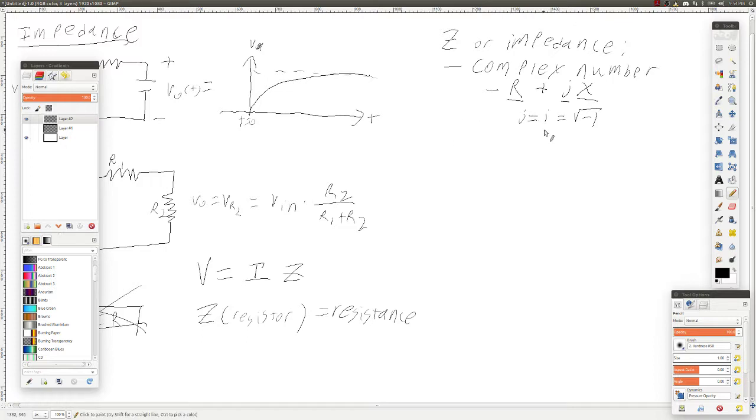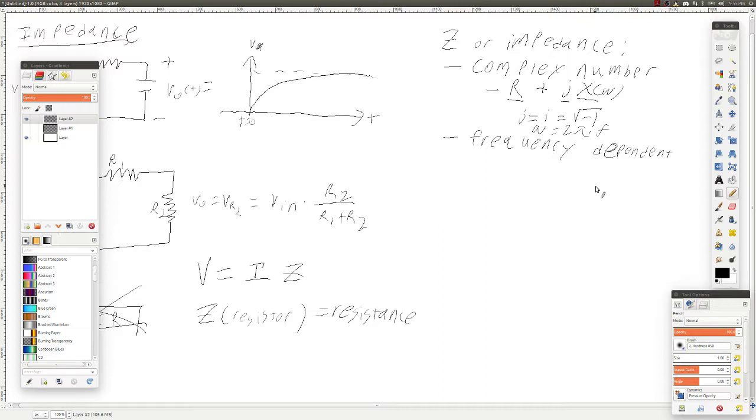So we have Z is a complex number, and it is also frequency dependent. Specifically, X is a function of omega, where I should note that omega is equal to 2 pi times the frequency. We'll go ahead and get into more details on what all these terms are in just a second.